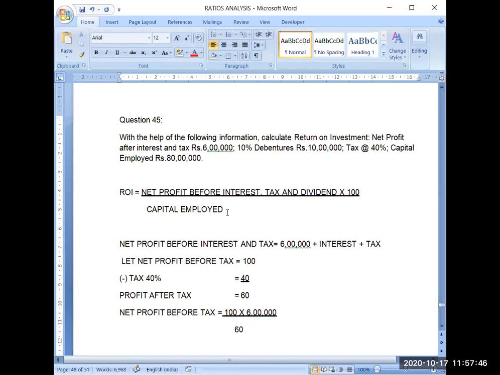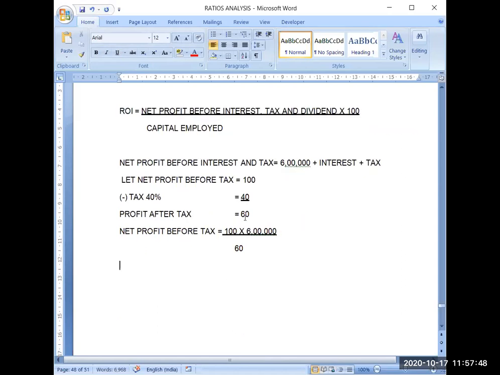If I divide 6 lakh by 60, it will become 10,000. So my net profit before tax will be 10 lakh.